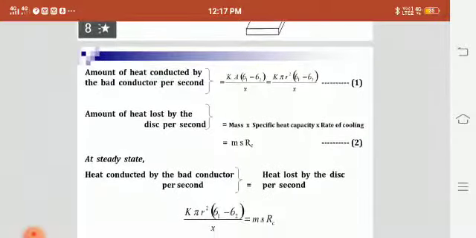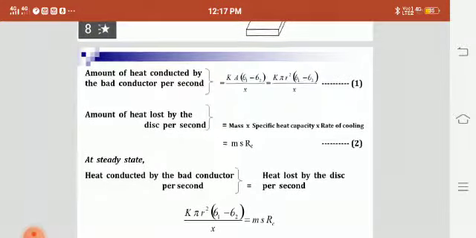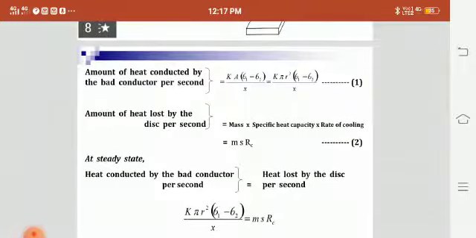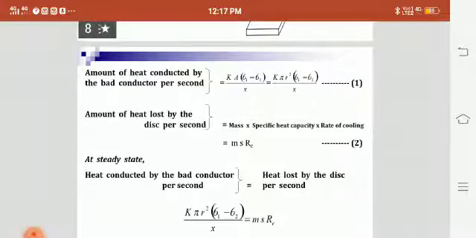First, we are going to calculate the amount of heat conducted by the bad conductor per second, that is K A theta 1 minus theta 2 divided by x. Here, we can substitute the value pi r squared for A, that is area of cross section, that is K pi r squared theta 1 minus theta 2 divided by x.